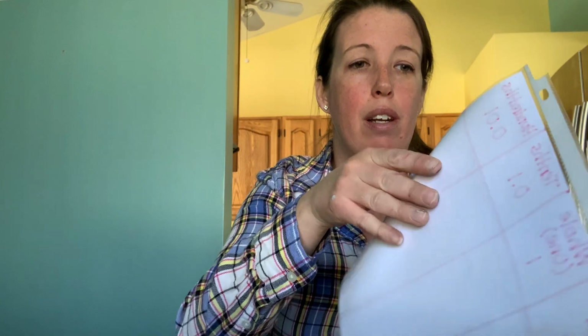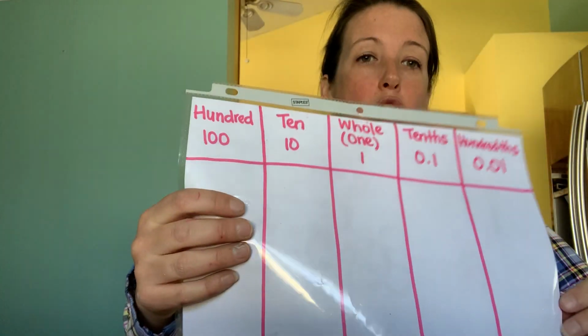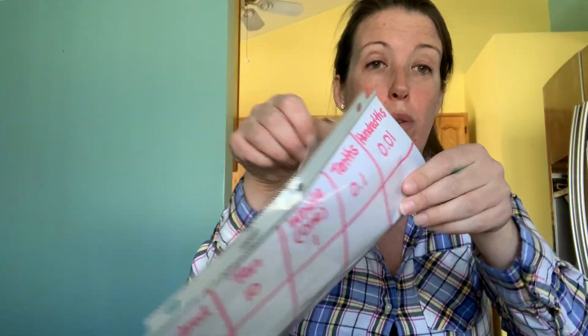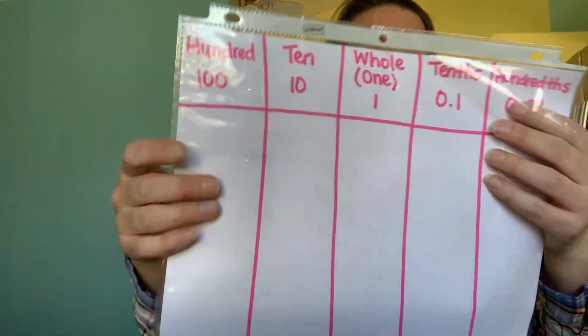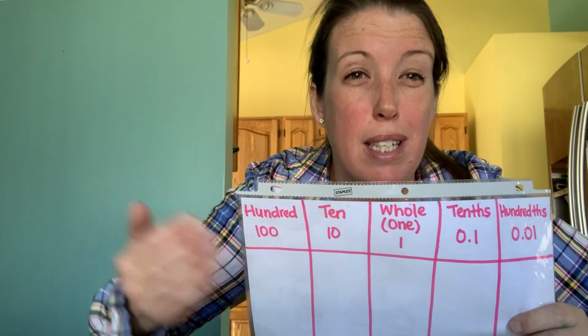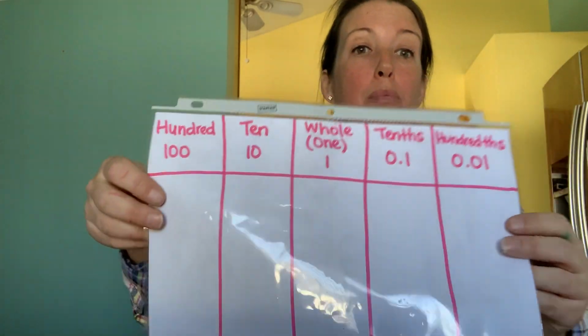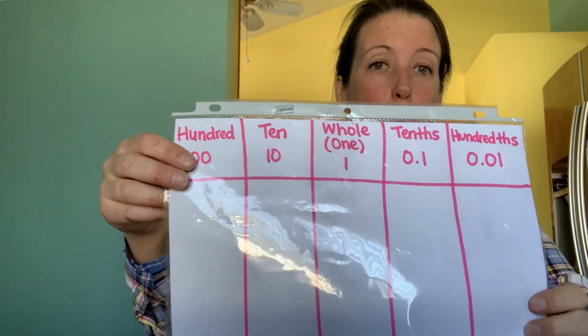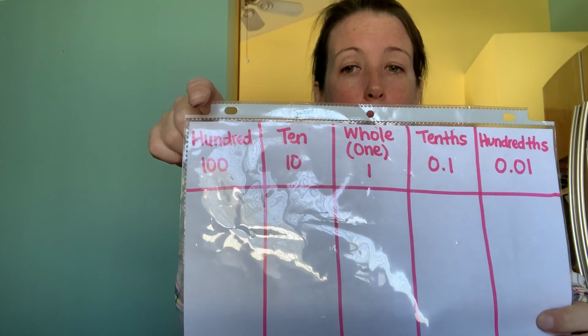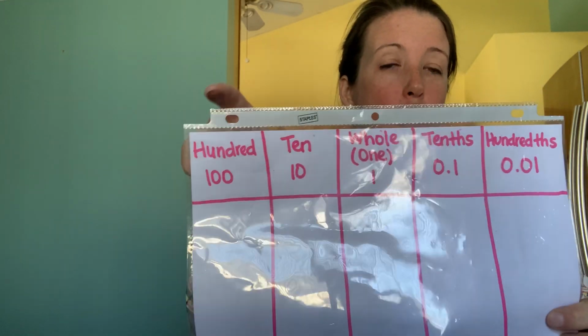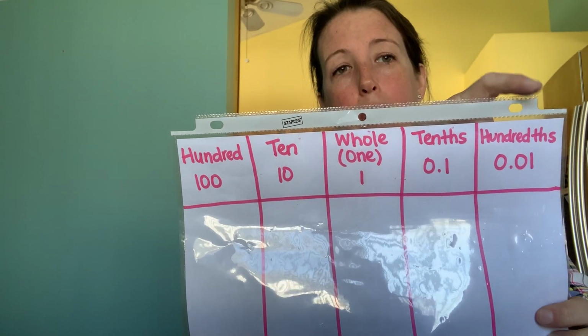Now, when I'm working with a lot of examples, I like to just slide it into, this is just a sheet protector. So ask mom and dad if you have a sheet protector. You can also slide it in like a gallon-sized Ziploc bag. That works also. But that will make you a really quick dry erase board. So I made myself from hundreds, the largest, all the way down to hundredths, my smallest.